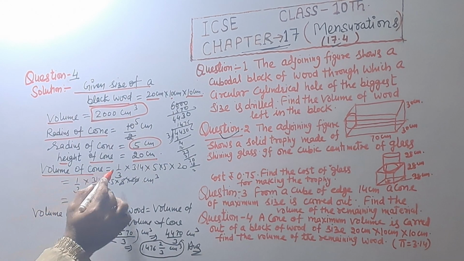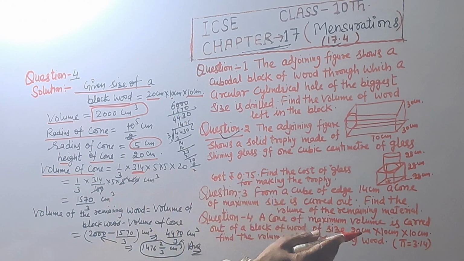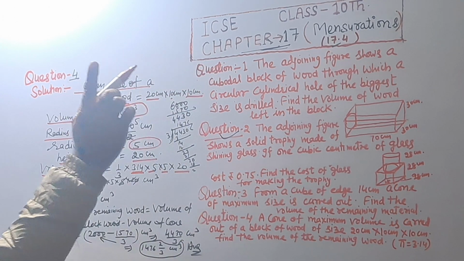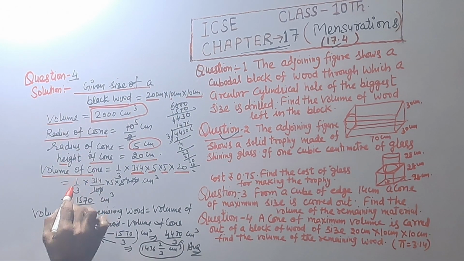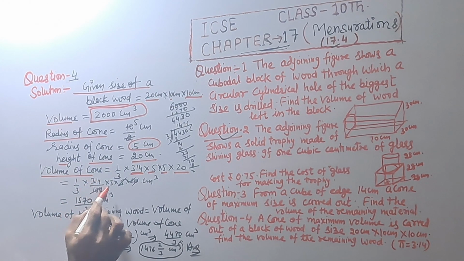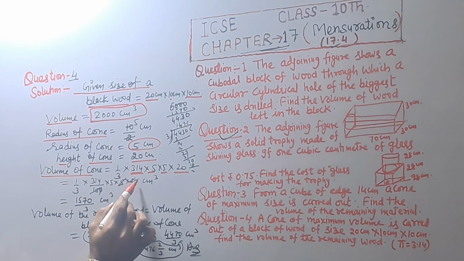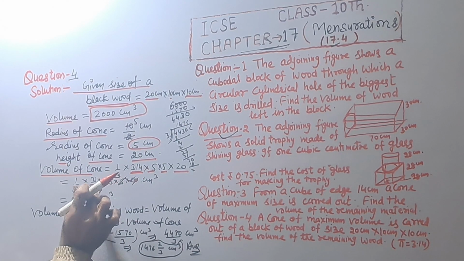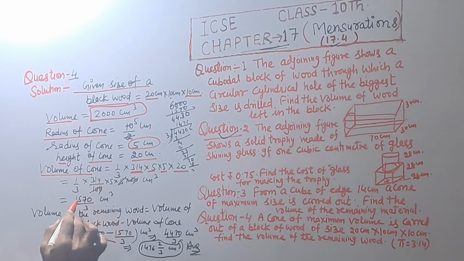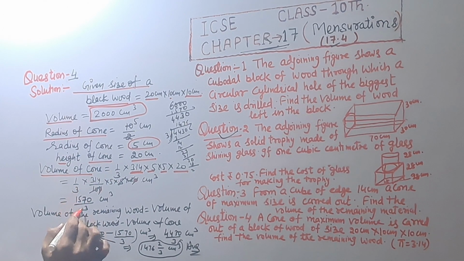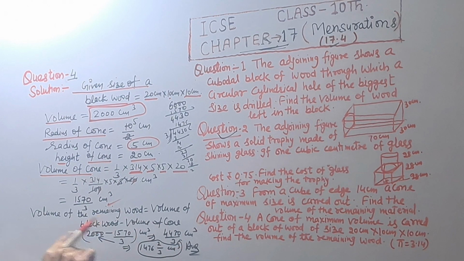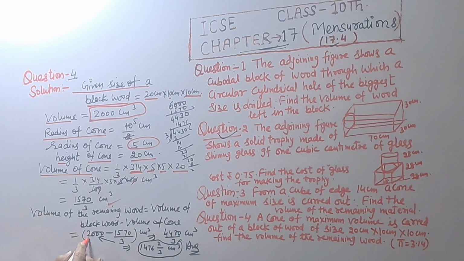So volume of cone, that is 1/3 into pi, is given 3.14 into r square, that is 5 into 5 into height is equal to 20, and we get 1/3 into 314 upon 100 into 5 into 5 into 20, and we get 0 0 is cancelled, 5 2s are 10, and 10 10 is also cancelled. We get 314 into 5, that is 1570 divided by 3 centimeter cube, and volume of the remaining wood is equal to volume of block wood minus volume of cone, that is 2000 minus 1570 divided by 3.